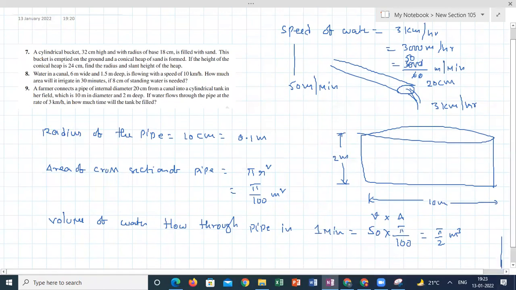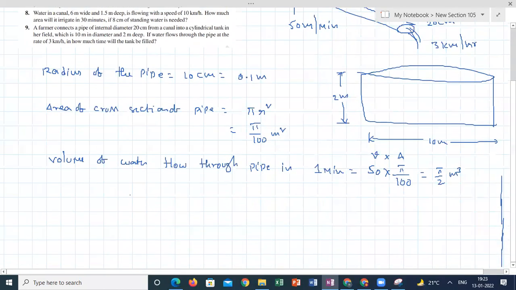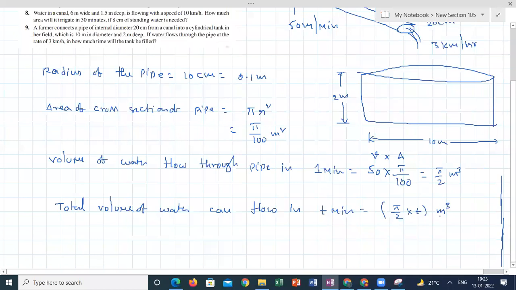If water is flowing for t minutes, total volume of water that can flow in t minutes is equal to pi by 2 into t meter cube. This is pi by 2 meter cube per minute, multiplied by t minutes.